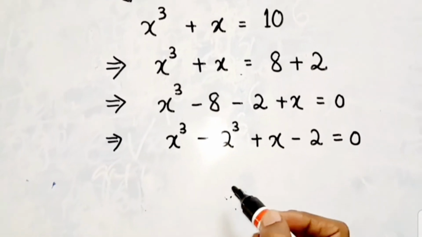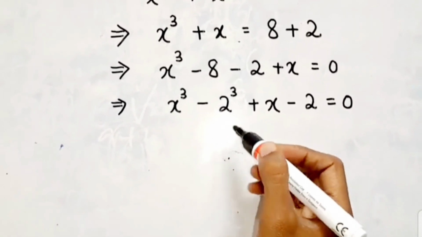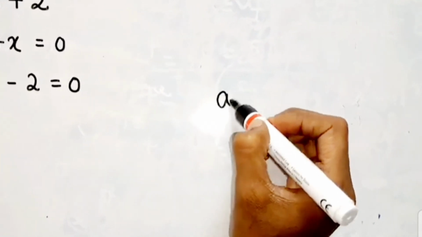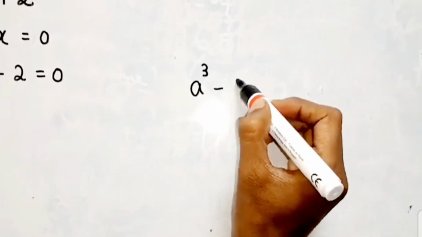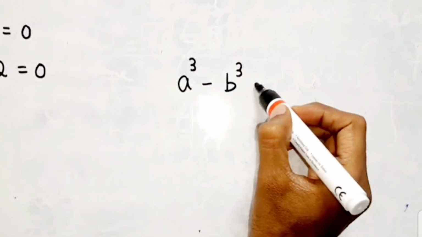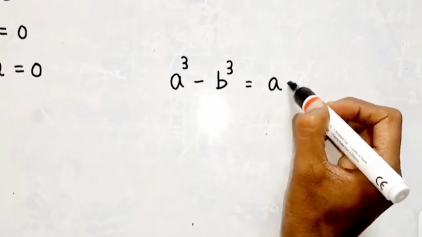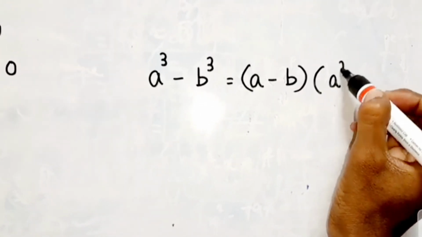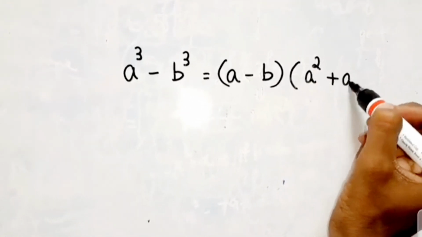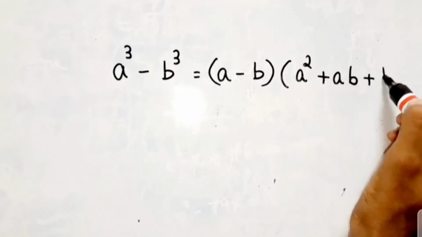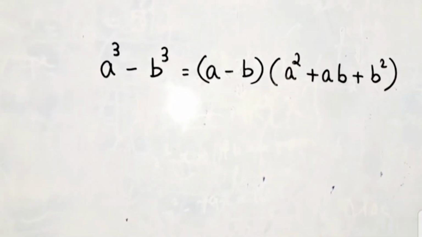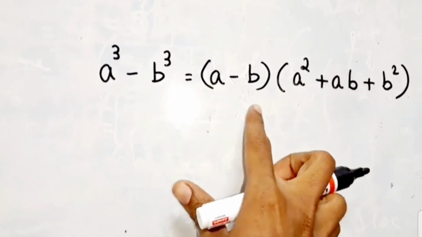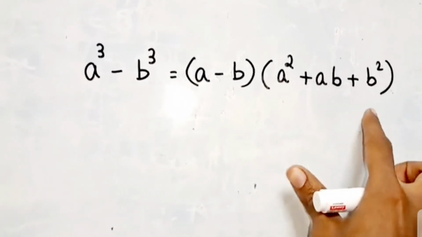Now we know the formula for a cube minus b cube. What is the formula for a cube minus b cube? It can be written as a minus b multiplied by a square plus a times b plus b square. So this formula we will use here: a cube minus b cube is a minus b into a square plus ab plus b square.